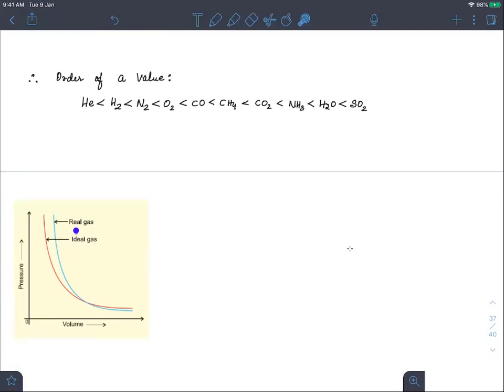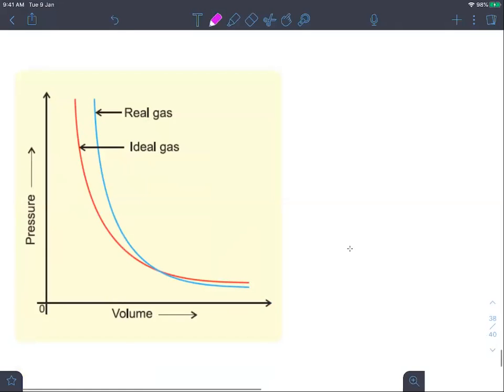Next, if you check real gas versus ideal gas, again this is there in NCERT, you can check it out. You have to check carefully here that as you come towards the low pressure region, real gas and ideal gas are almost behaving the same.